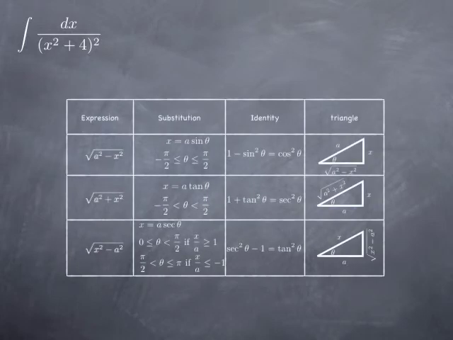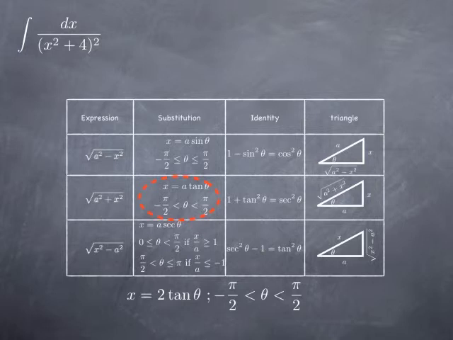We have a sum of squares, and therefore we're going to use x equal a tangent theta for our trig substitution. In our case, a is 2, because a squared is 4, so we're going to use x equal 2 tangent theta, restricting theta to the interval negative pi over 2, pi over 2, excluding the endpoints.